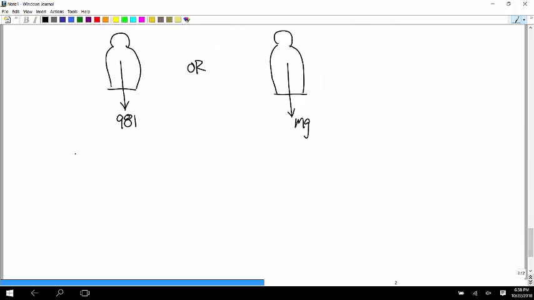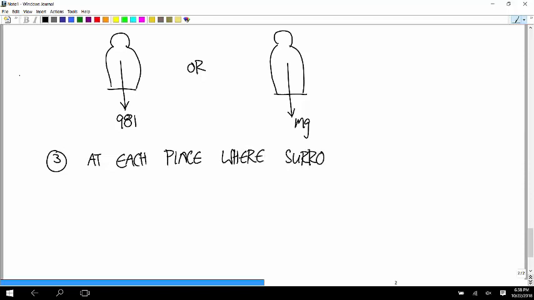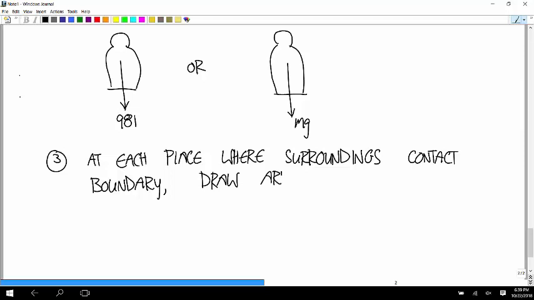And then step 3, this is the last step. At each place where the surroundings contact the boundary, draw an arrow in the direction of the contact force.